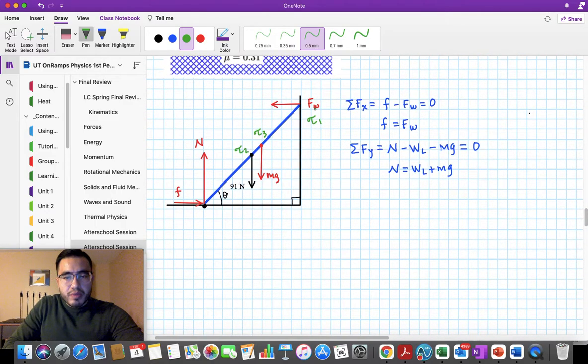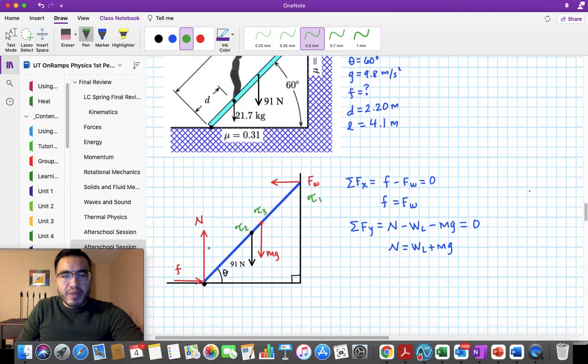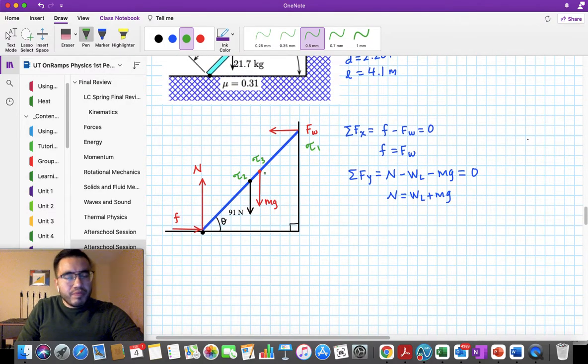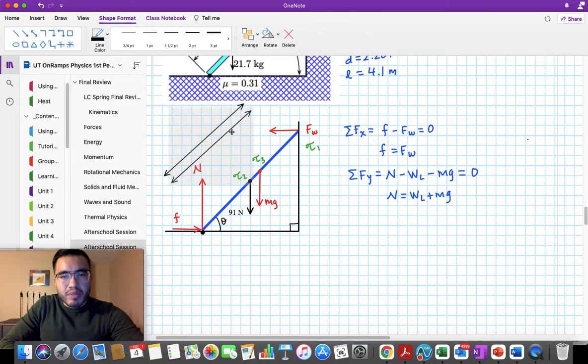Let's start with this one, the torque being applied here by the force of the wall, right? I know the length of the ladder is 4.1. I think it's going to be messy if I add the length of the ladder, I guess I'm going to do it just for visual support. So the length of the ladder would be from around here to here. Hopefully this is parallel.